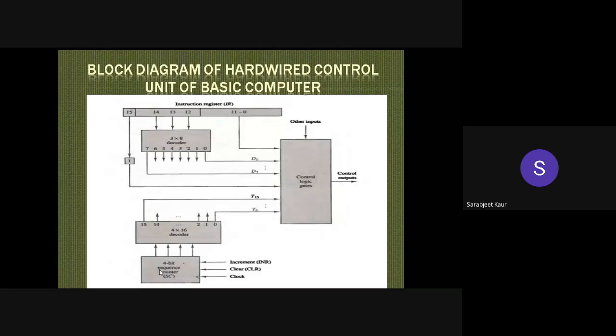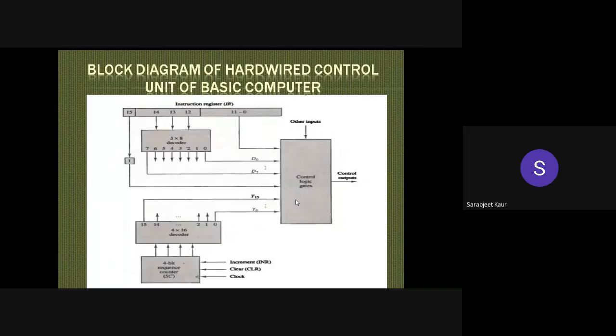The 4-bit count, let's say 0000 or 0001 or whatever, which is generated by this sequence counter, is applied as input to this 4 cross 16 decoder. That count serves as the input to this decoder, and accordingly a corresponding time signal is activated and sent to the control unit.